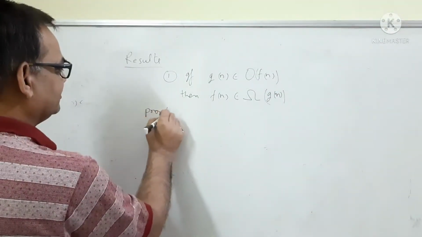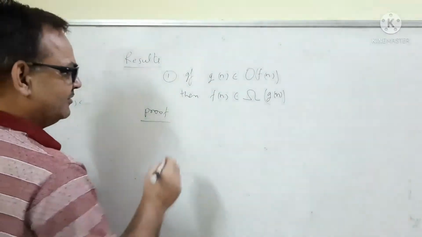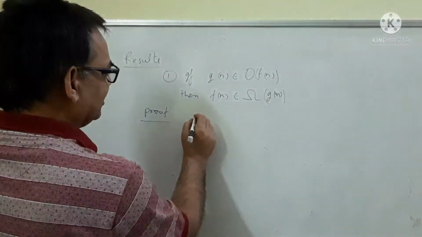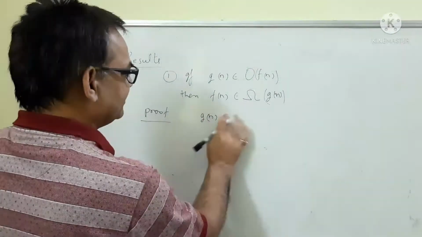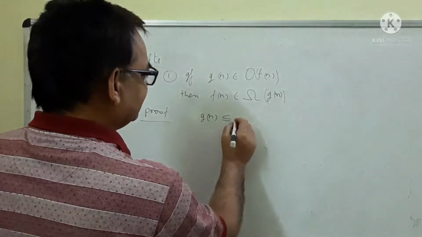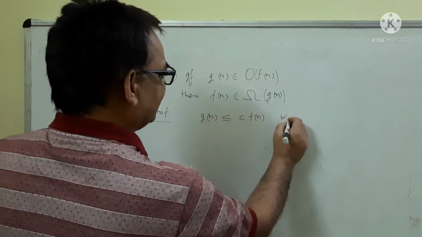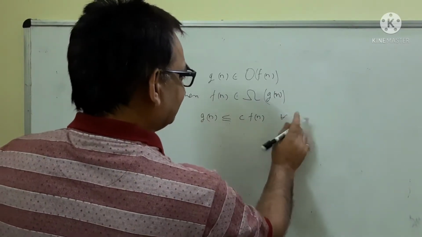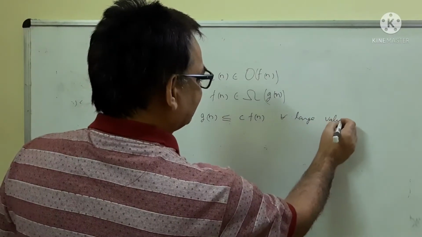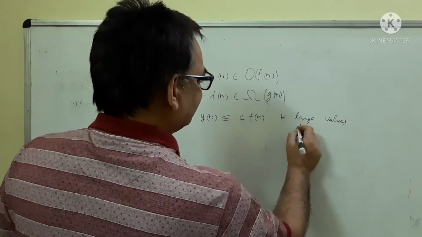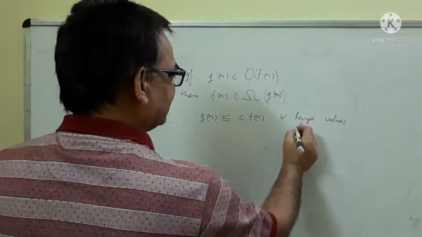Proof. Simple proof. Since Gn belongs to big O Fn, we have a positive constant C such that Gn is less than or equal to C times Fn for every large values of n. We are interested in large values of n.